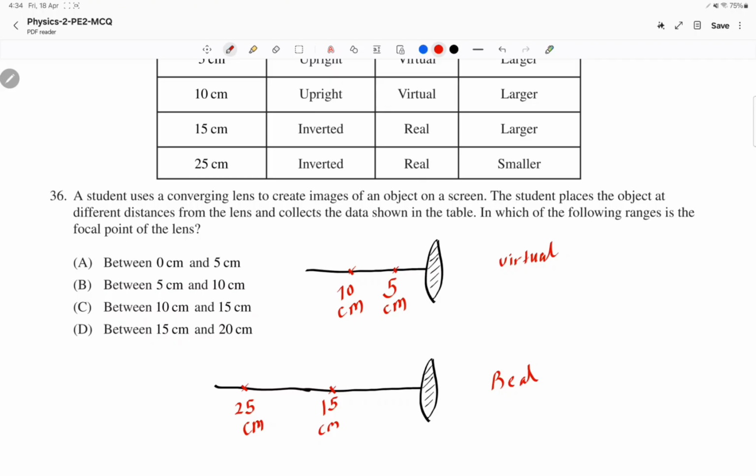Now don't forget, for a converging lens, if the object is sitting within the focal length, it is going to be virtual. But if it's sitting outside the focal length, it's going to be real. So here the focal length happens to be between who and who? Between the 15 centimeters and the 10 centimeters. So it's choice C.